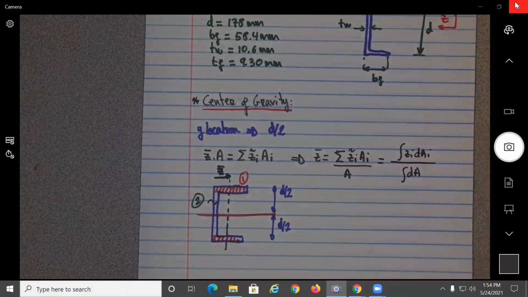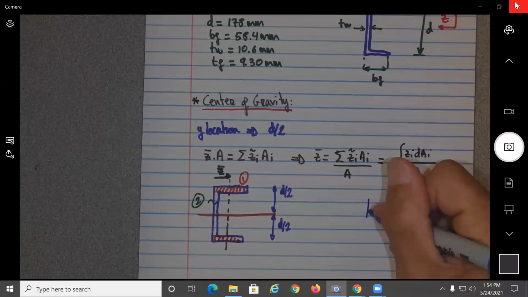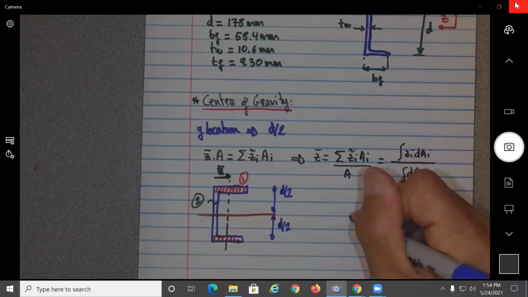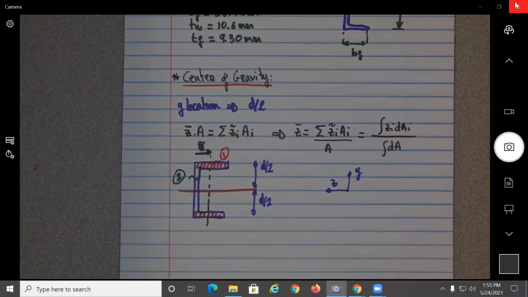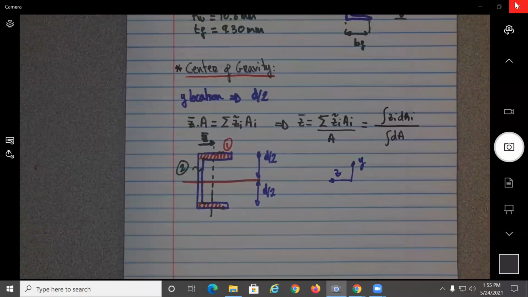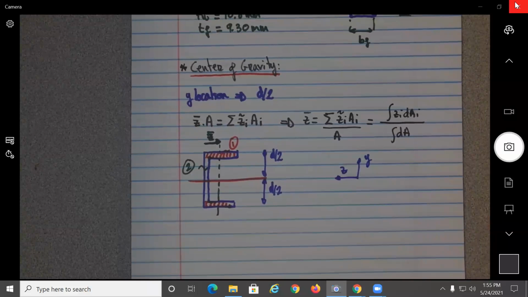And again, the coordinate system here is, like always, Y and Z. So this is statics, guys, not even solids. So to review, if you look at the equation, what do we need to do?